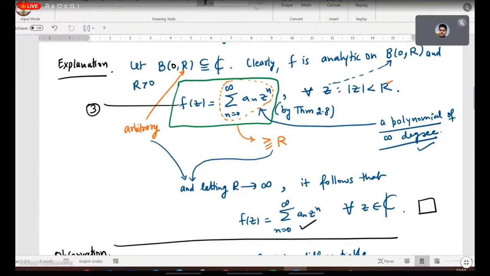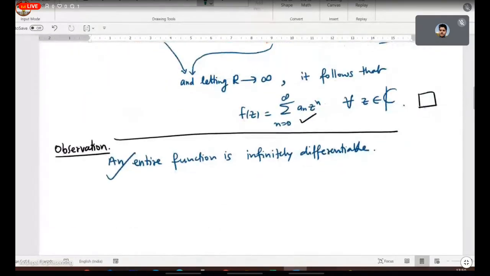Right, class? So this property of infinitely many times differentiability of a polynomial, if we have a polynomial of infinite degree, ultimately leads to the infinite differentiability of an entire function. So this property, in fact, comes into the entire functions from that of polynomials.